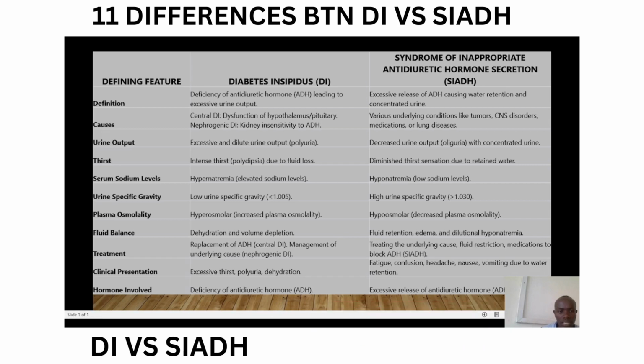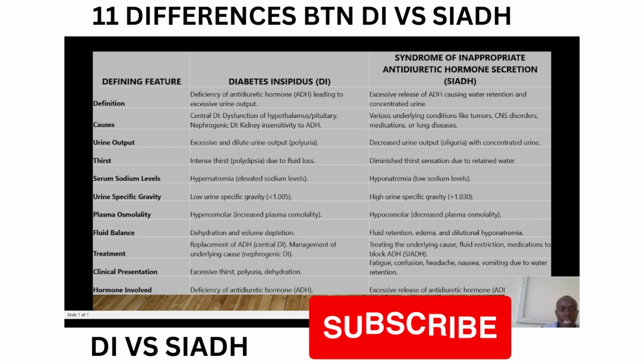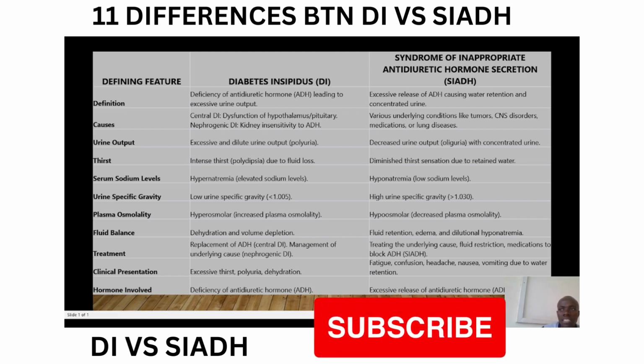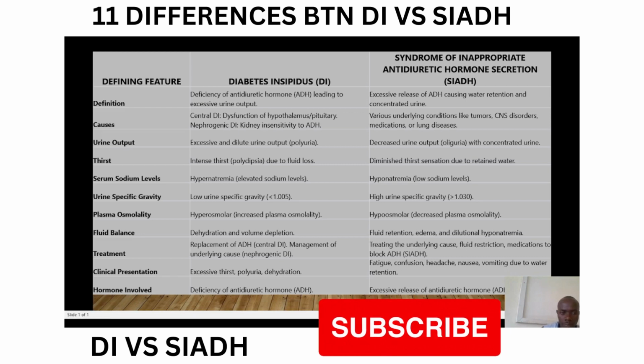What about the fluid status, guys? Patients are often dehydrated and have decreased blood volume in diabetes insipidus, whereas in syndrome of inappropriate ADH, patients have fluid overload and expanded blood volume.